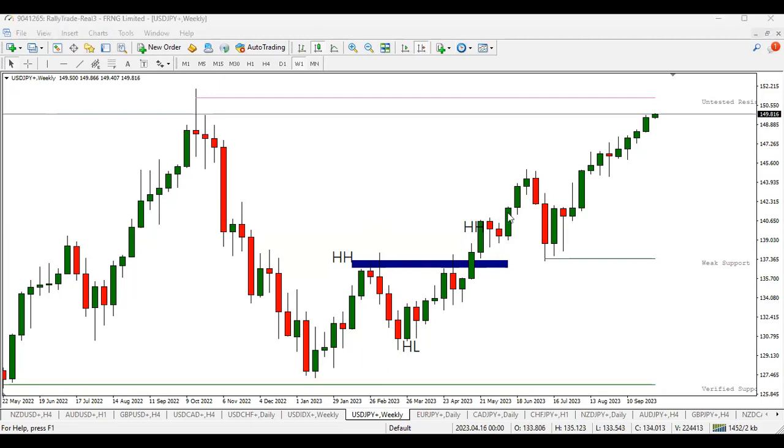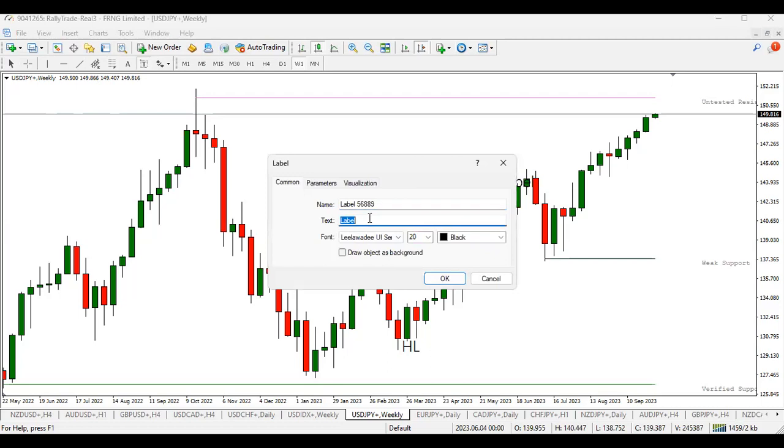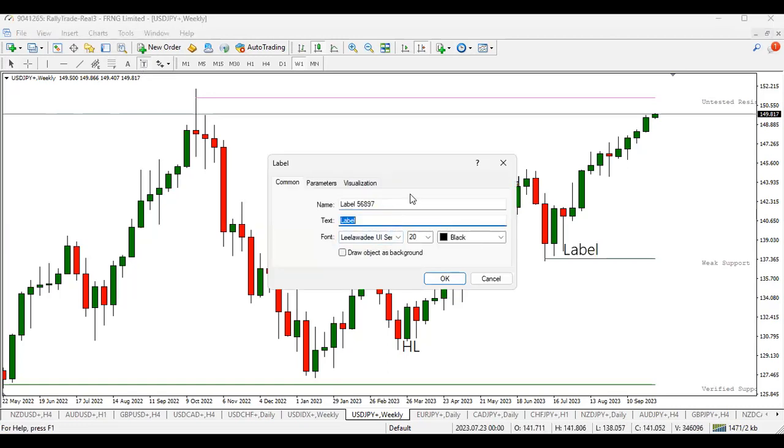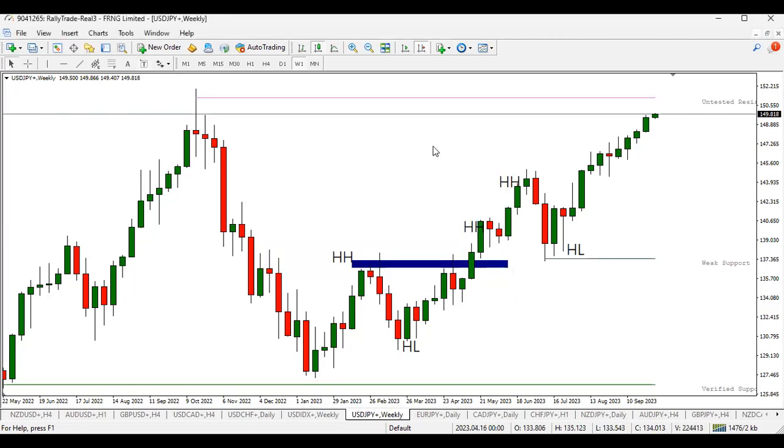And then price went up to create a higher low, and then a new higher high again, and also another higher low. We now have a new higher low here. Yes. So anytime price is creating these higher highs and higher lows, price is in an uptrend.